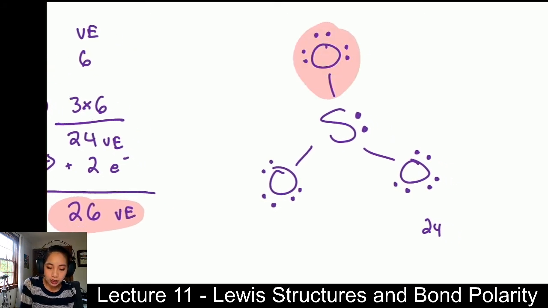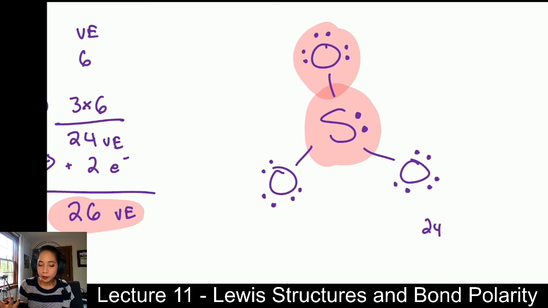Oxygen here has 1, 2, 3, 4, 5, 6, 7, 8. So oxygen is good, and it's the same for the rest of them. Sulfur has 3 bonds to it, so 1, 2, 3, 4, 5, 6, 7, 8. Sulfur also has 8. They're all good. All the octets are complete.